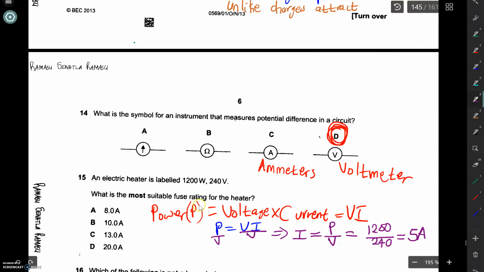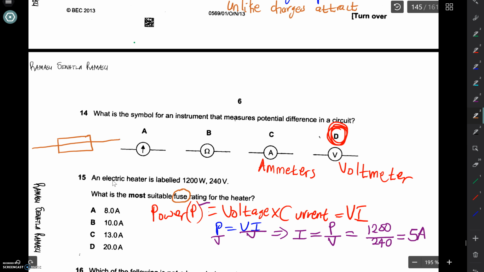But now, what is a fuse used for? A fuse is used to protect an appliance like a heater or a kettle or a television from being damaged by too much current. The symbol for a fuse is this.